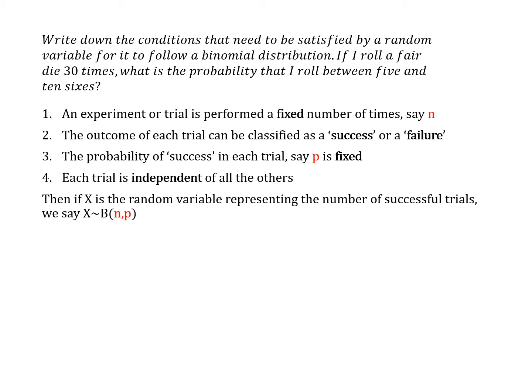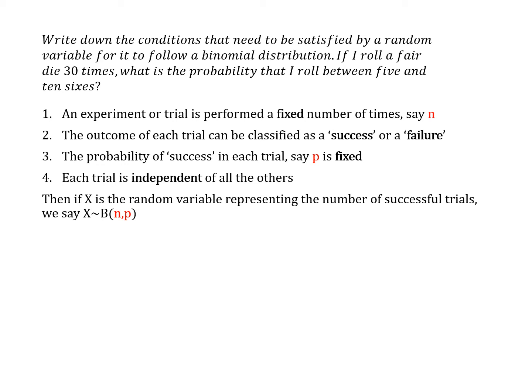Now I've been asked to find the probability of getting between 5 and 10 sixes. So I need to think about what probability distribution I'm going to be using. There's a bit of a clue here.